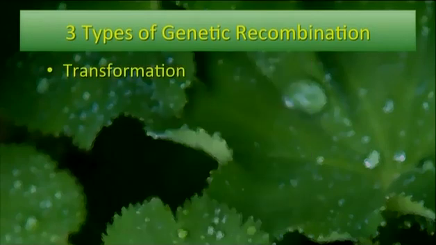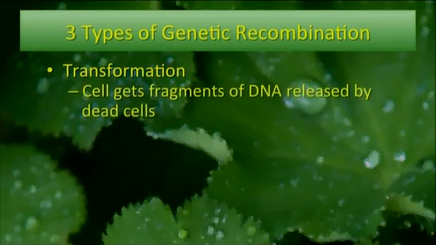Now the second way that bacterial cells do genetic recombination is called transformation. Transformation is when the bacterial cell just happens to be in a particular environment, and the cell gets pieces of DNA that have been released by cells that are already dead. So the bacterial cell just picks up DNA from the environment it's in.